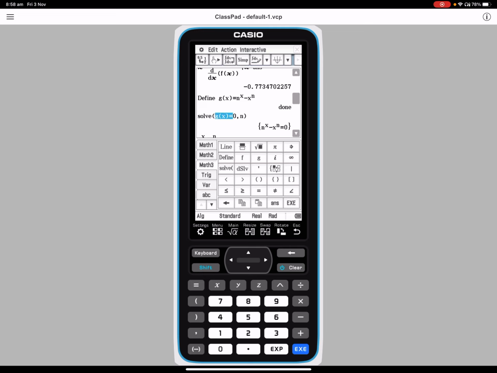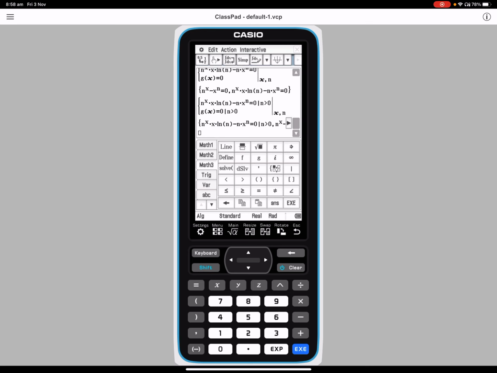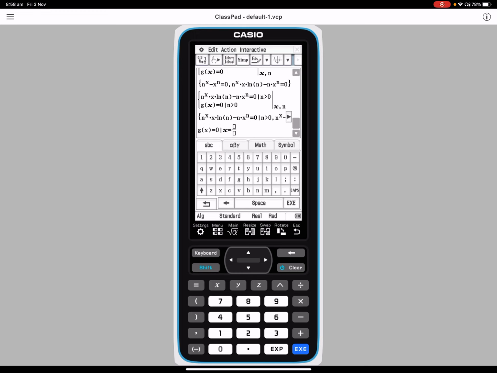G of x equals 0, given x equals n over natural log of n.